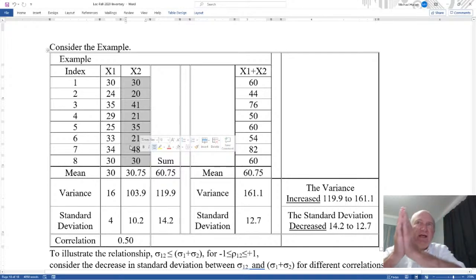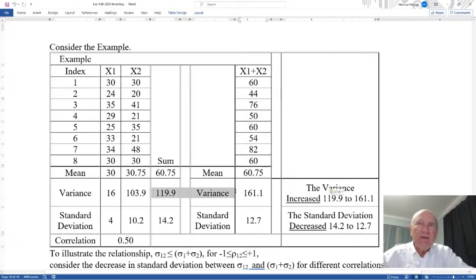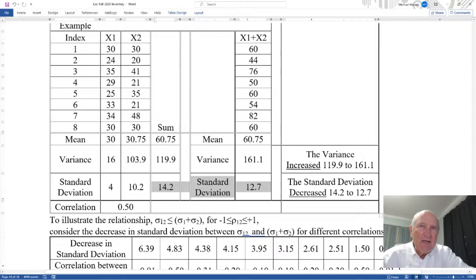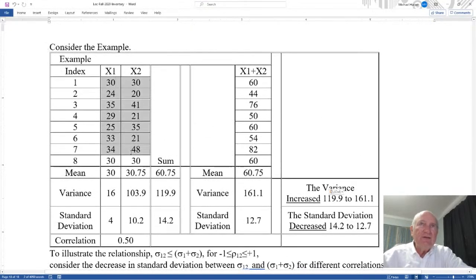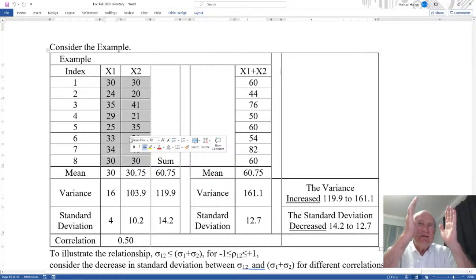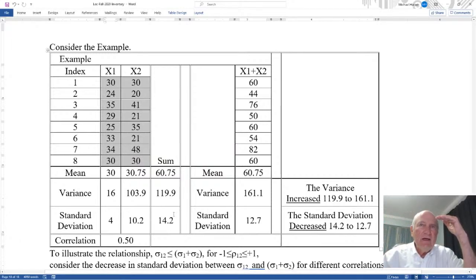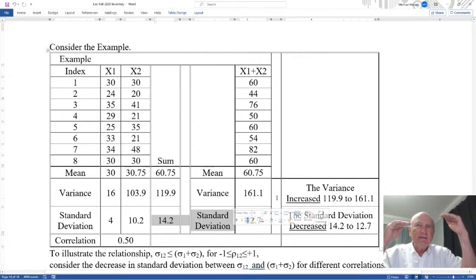If they're the very same, then these will be equal, and that's what the less than or equal to means. If they're identical, the correlation is 1. If they're a little bit different, the correlation is a little less than 1, then this standard deviation will start being less and less.